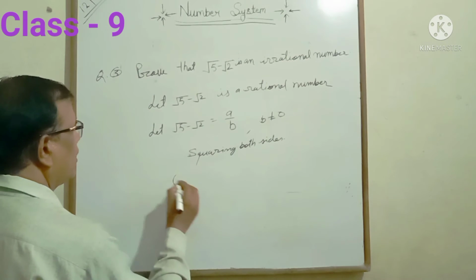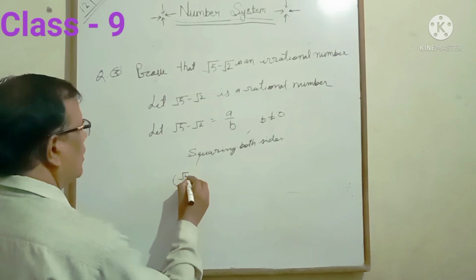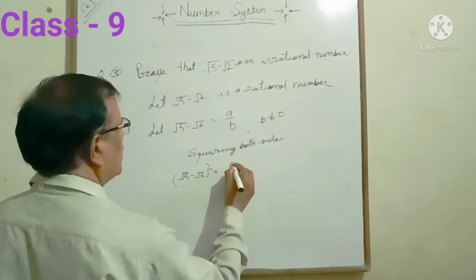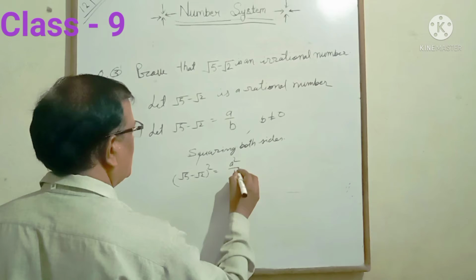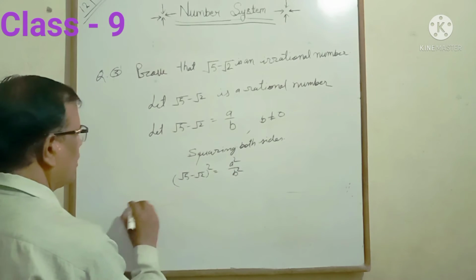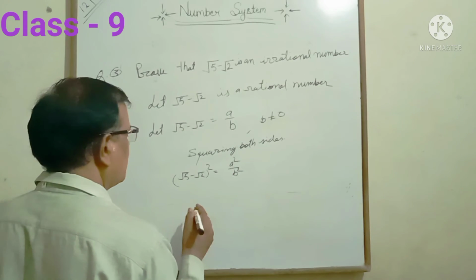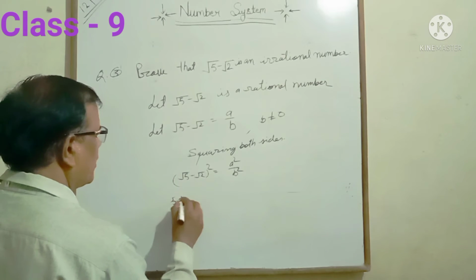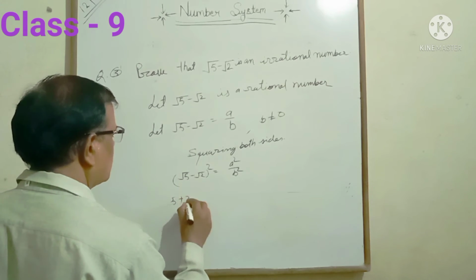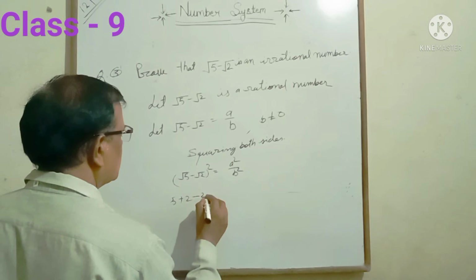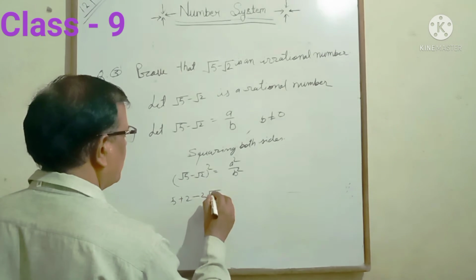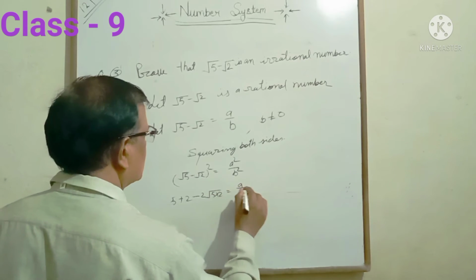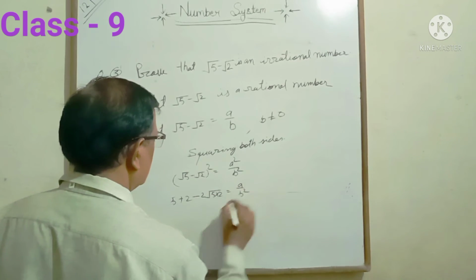So here we get root 5 minus root 2 whole square equal to a square by b square. Now we apply the identity (a minus b) whole square. Root 5 square is 5, plus root 2 square is 2, minus 2 root 5 into 2 equal to a square by b square.